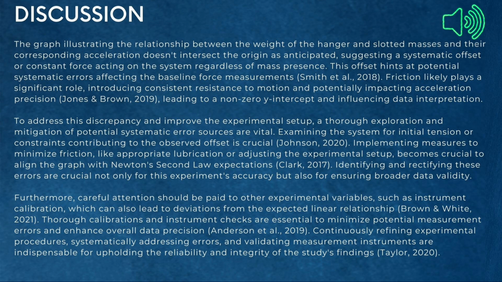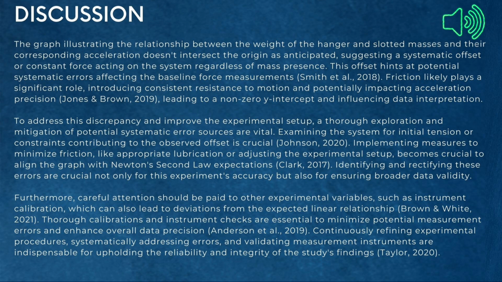Identifying and rectifying these errors are crucial not only for this experiment's accuracy but also for ensuring broader data validity. Furthermore, careful attention should be paid to other experimental variables, such as instrument calibration, which can also lead to deviation from the expected linear relationship.